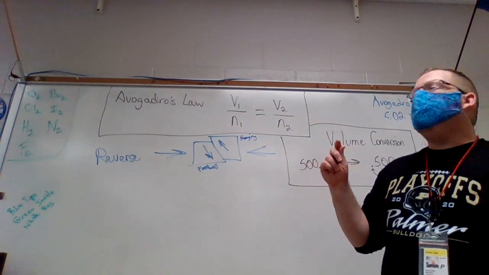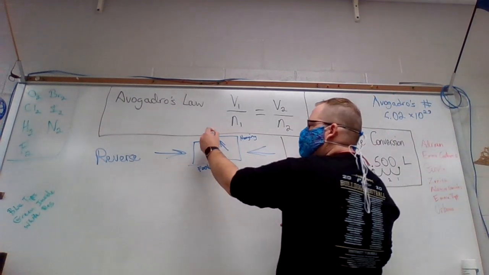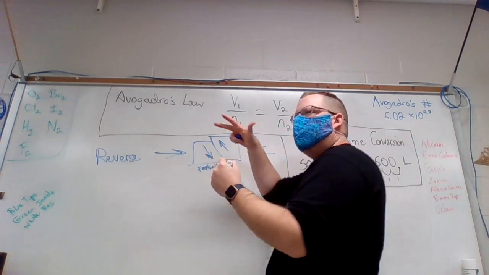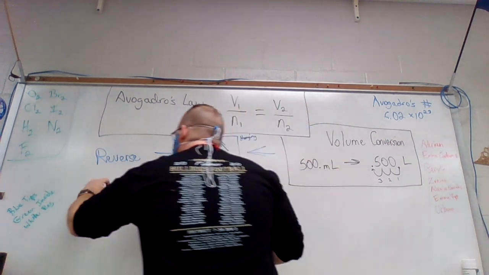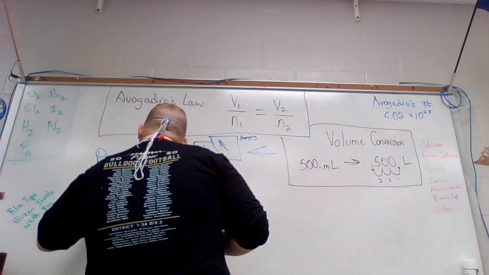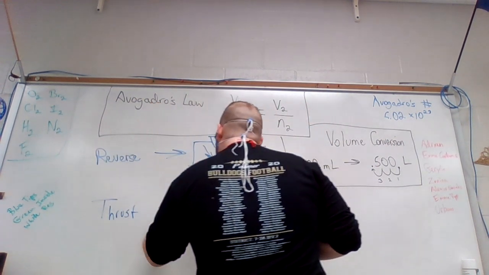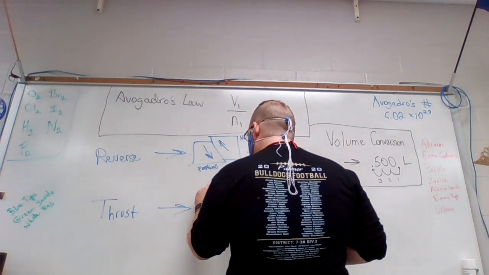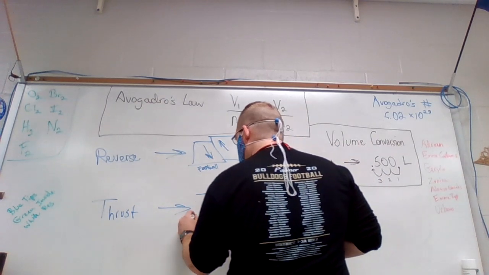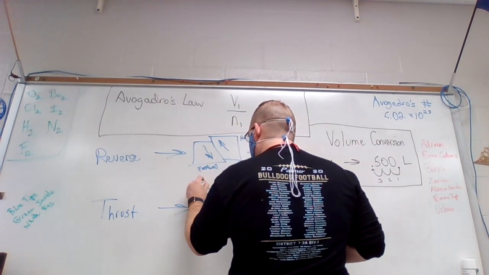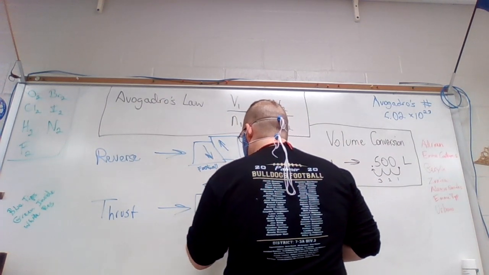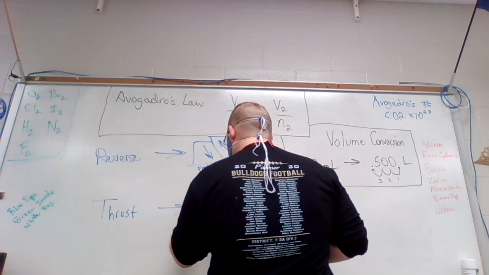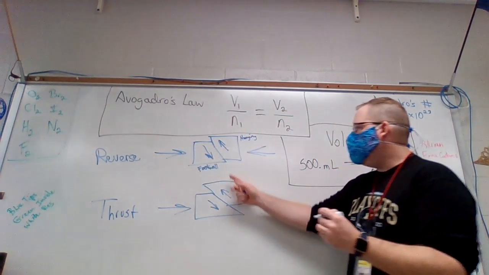A thrust fault will look exactly the same, but this angle right here will be more flat. So in a thrust fault, let me draw this. You have that same setup where they're being squished together, except your block is going to have more of an angle to it. I don't know if I did that right, but close enough. So it's all about the angle there.